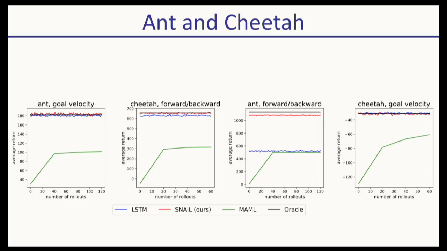And what we see here is that SNAIL consistently does best, often tied with LSTM, and they all outperform MAML for these tasks in terms of speed of learning and also final performance within that number of rollouts.